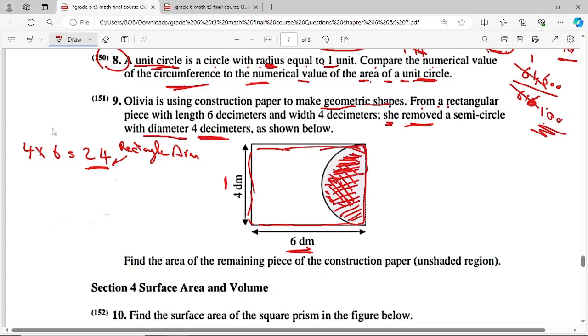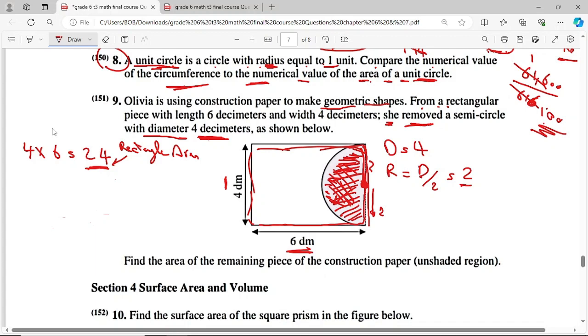This is the diameter, the same as the width of the rectangle. So d equals 4, which means the radius of this semicircle is the diameter divided by 2, which equals 2. This is the center of the circle, and this part will be 2 and this part will be 2, as shown below.